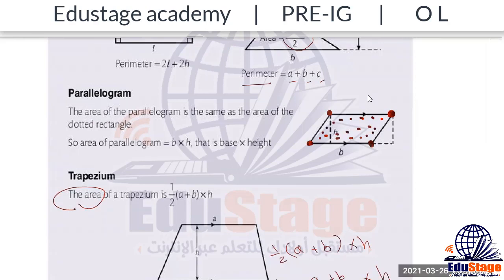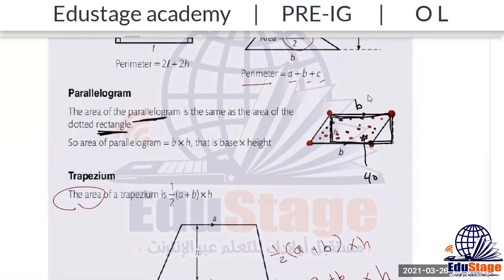If you want to calculate the area, we imagine a rectangle, this rectangle with black. The area of the rectangle is base times height. If the area of this rectangle is 40, for example, the area of the parallelogram will also be 40, because the area of the parallelogram is the same as the rectangle.